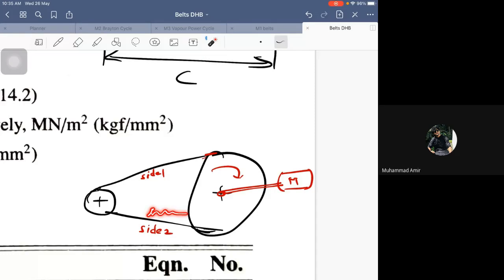Here it would be grabbing it, here it would be pulling the belt like anything. Understanding the point? Now, if I talk about the tension in the belt, on which side would the tension be more, side 1 or side 2, according to you? Have a visualization of it.